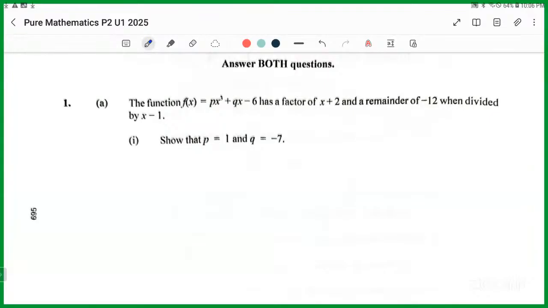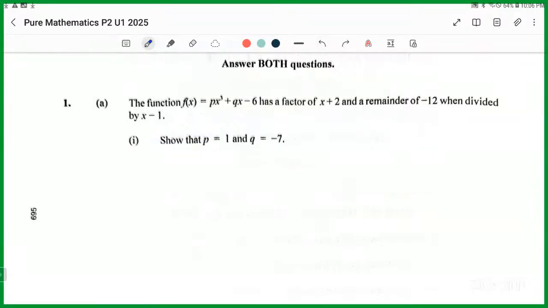All right, so this polynomial function, expressed with a factor, has a remainder of -12 when divided by x minus 1. I'm going to show that p equals 1, q equals -7.